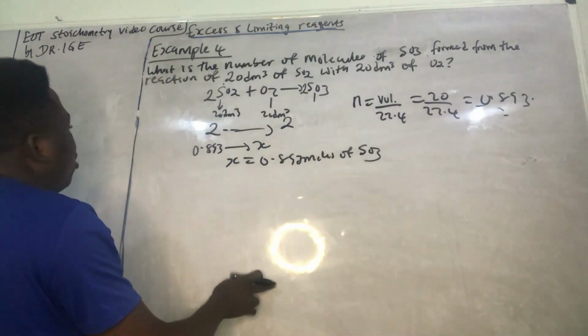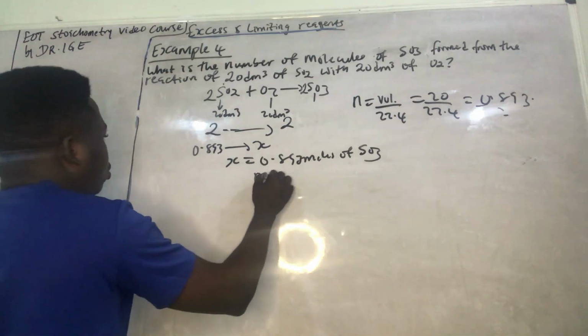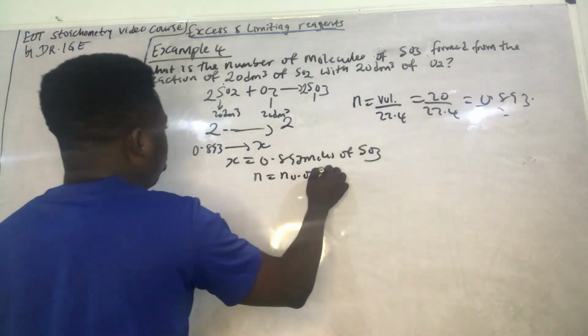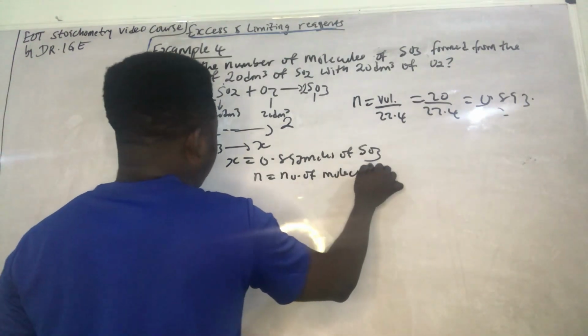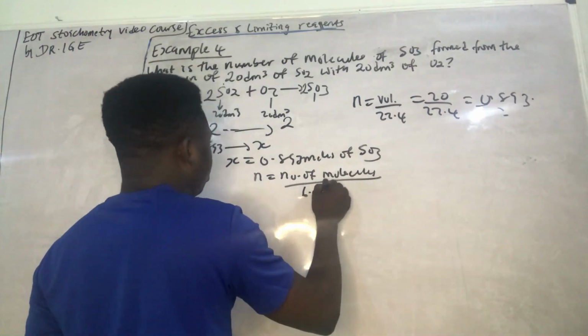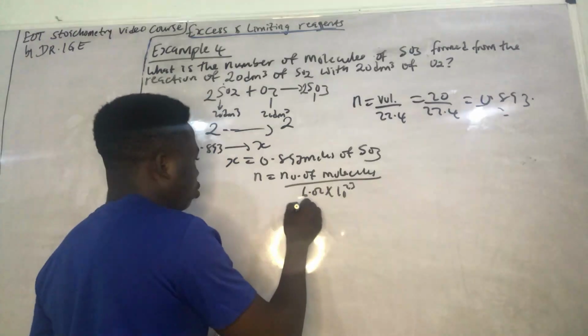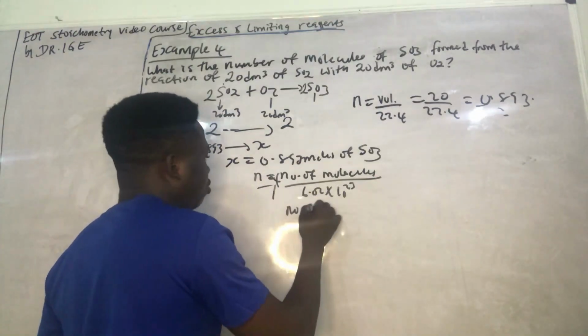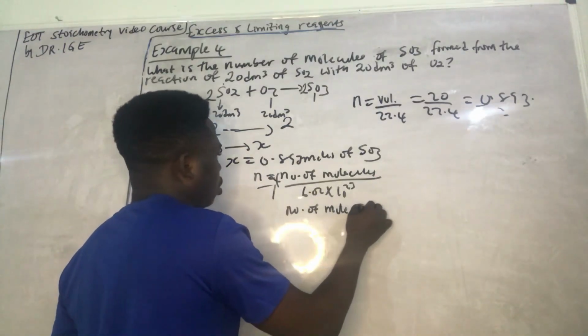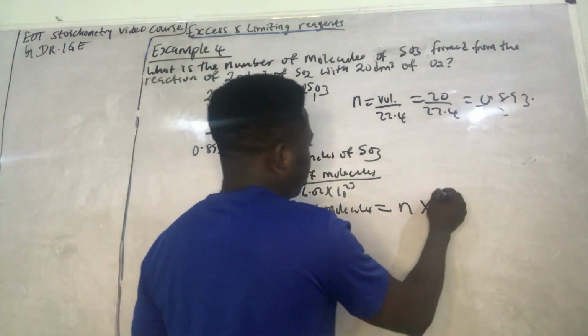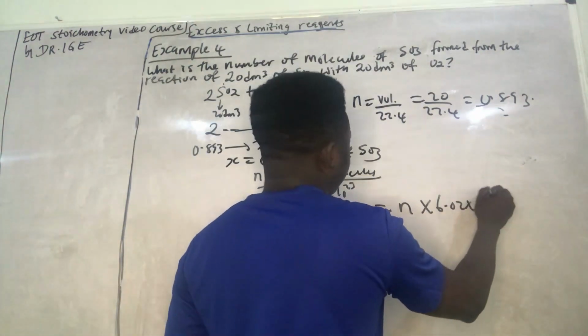Now we are looking for number of molecules. Remember that number of moles is equals to what? Number of molecules or particles, whatever, all over 6.02 times 10 to the power 23. That's Avogadro's constant. So it means number of molecules equals multiply. Number of molecules is equals to what? Number of moles times 6.02 times 10 to the power 23.